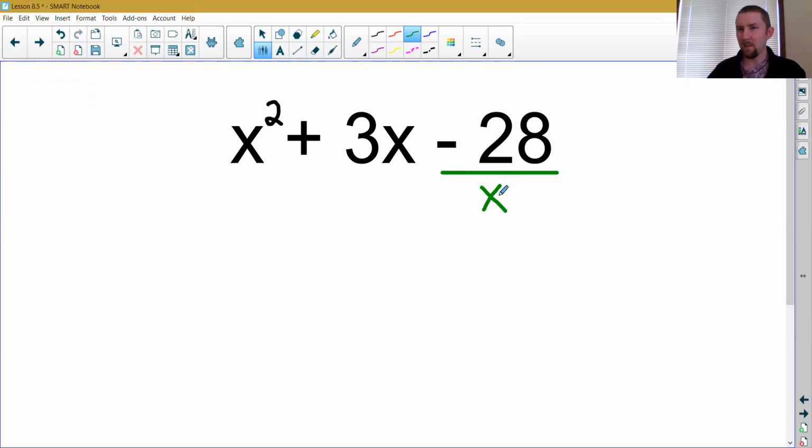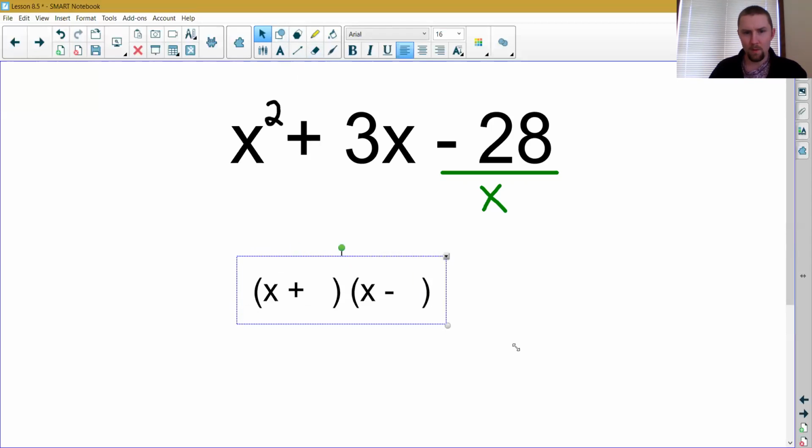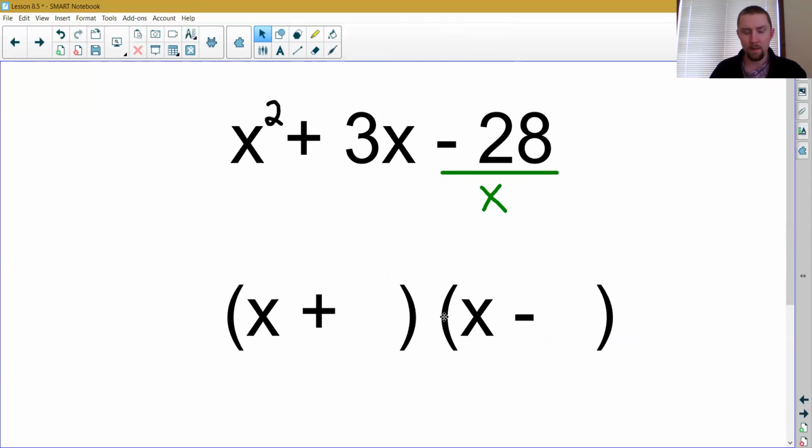So I need one positive and one negative, which already indicates to me that when this last number is a negative, you guys, it's going to have to be x plus something and then x minus something, okay? It's going to be x plus something and x minus something. So this is what my answers are going to look like.